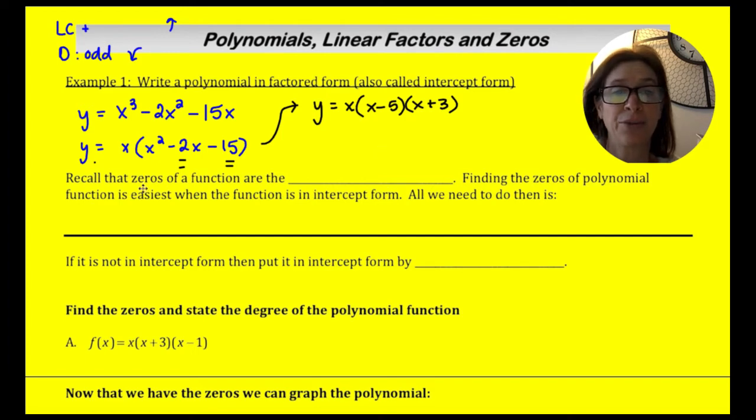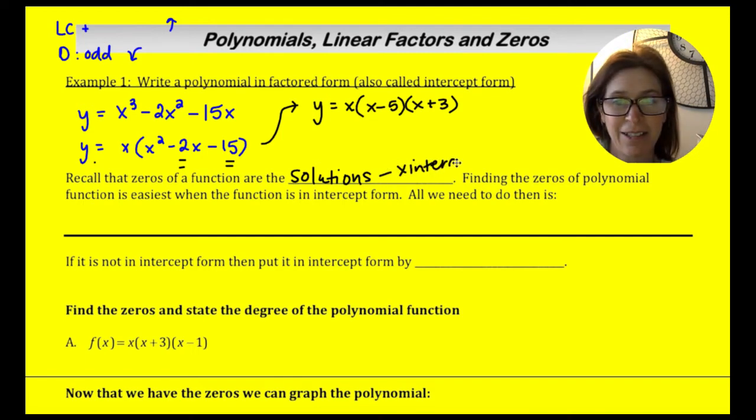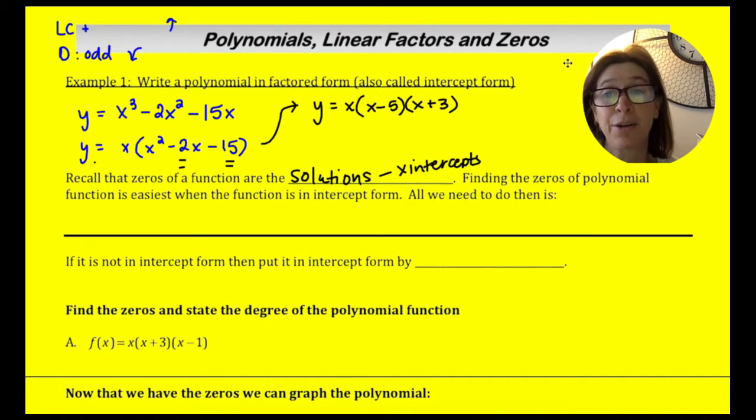So as a reminder, if we want to find the zeros of a function, we call them solutions of the function or of the polynomial. And sometimes, yes, sometimes they're going to represent x-intercepts. Now, how is it that we find the zeros? Well, to find the zeros, we set y equal to 0 and solve the polynomial. Now, we used to say with quadratics that we solved by factoring, okay?